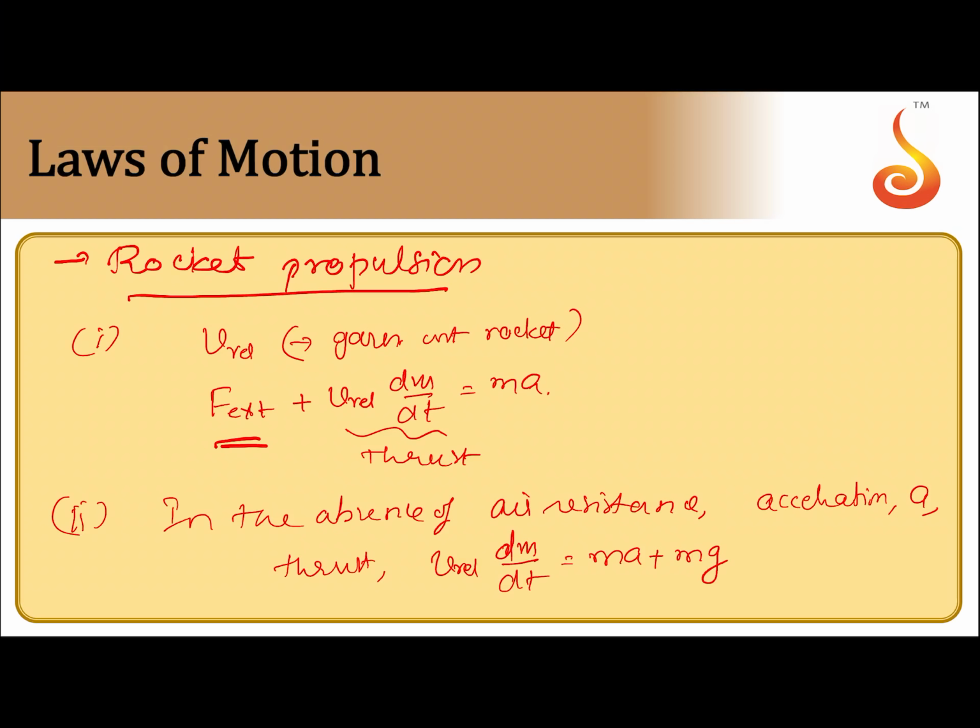Remember, g is always down, so this becomes minus m g. So in all, v relative into dm by dt, that's nothing but thrust, is equal to m a plus m g.